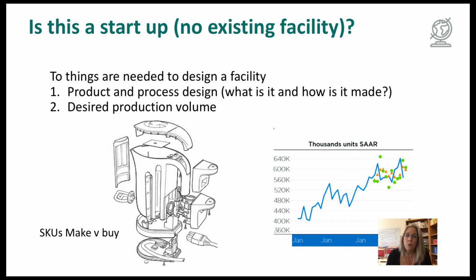Should we make it or should we buy it? Once you do that, you'll know all the processes you need in the facility, and you'll be able to do some capacity analysis and then lay out the facility. So it sounds very simple, but there's a lot of things that go into designing a facility, but you really only need these two pieces of information.